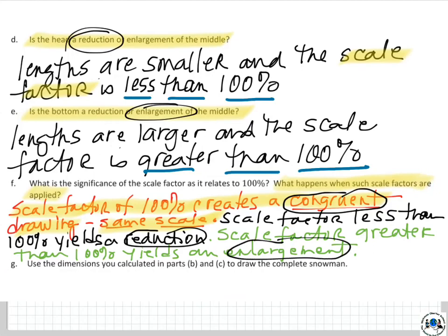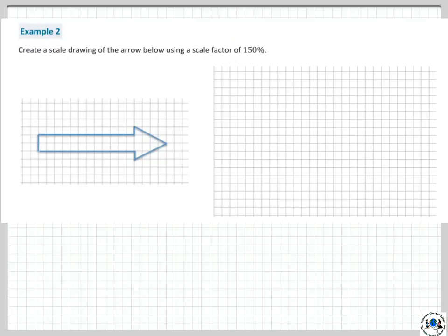So it should be pretty clear, and hopefully it becomes clearer and clearer. All right, well, G, use the dimensions you calculated in parts B and C to draw the complete snowman, and of course, we have done that already.